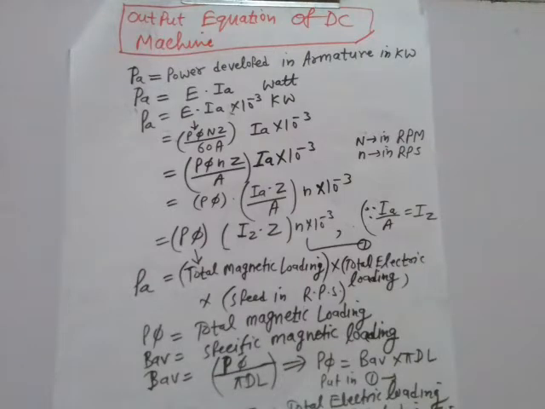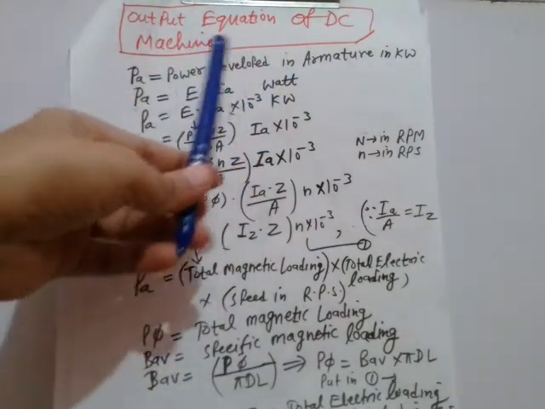Physical parameters mean length and diameter, and electrical parameters are specific electrical loading and specific magnetic loading. So the output equation relates the physical parameters with the electrical parameters. Now we are going to derive this output equation of DC machine.